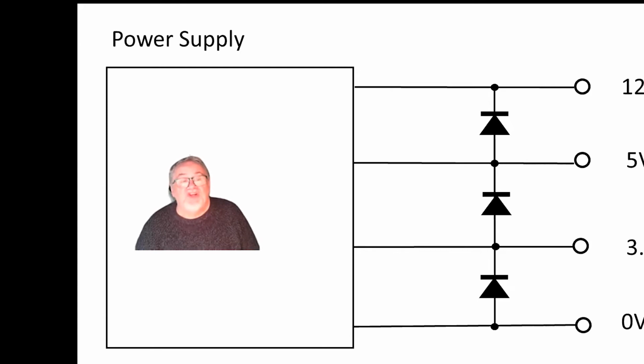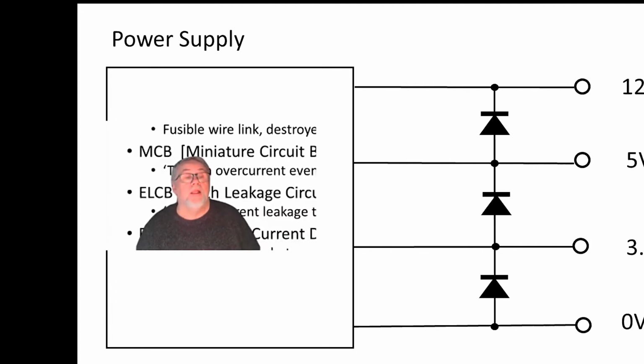So when I switch this on, I know that the 3 volt line will come up first, then the 5 volt line second, and then the 12 volt line last. And that way I'm in control. Power won't get to the relays or the solenoids or the motors before the controller's up to control them. It's a trick that gets used in industry to make sure that supplies are happening properly.